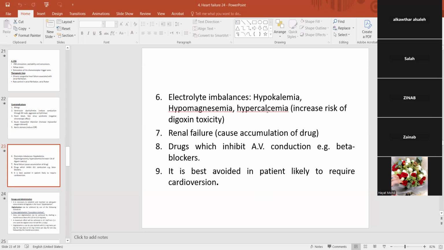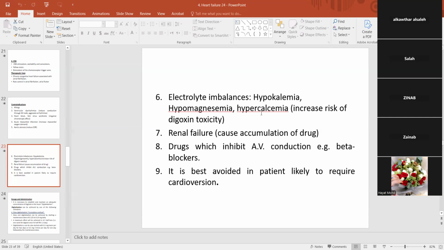As we said, this drug is associated with toxicity and has a narrow therapeutic index. We said there are factors that increase the toxicity, and even with a therapeutic dose the patient may develop toxicity. Electrolyte imbalance is an important factor. If the patient has hypokalemia, hypomagnesemia or hypercalcemia, it will increase the risk of digoxin toxicity.